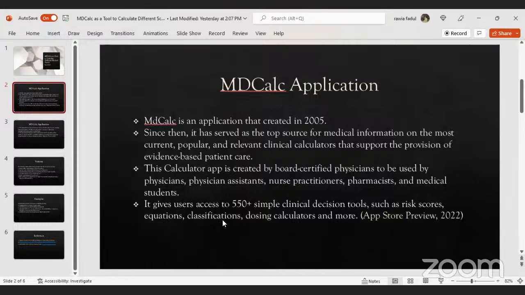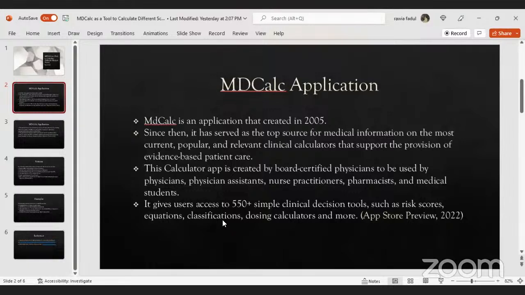MDCalc is an application that was created in 2005. Since then, it has served as a top source for medical information on the most current, popular, and relevant clinical calculators that support the provision of evidence-based patient care.